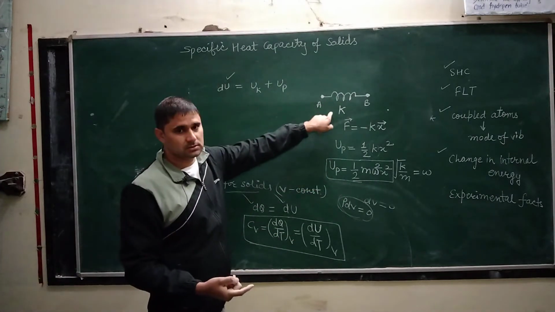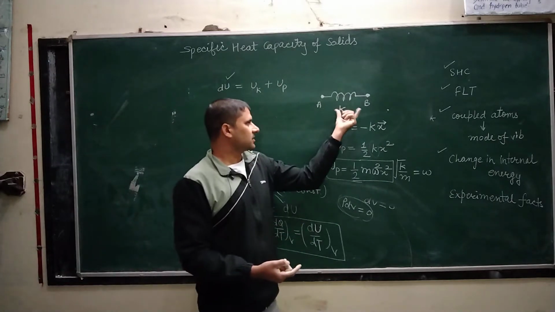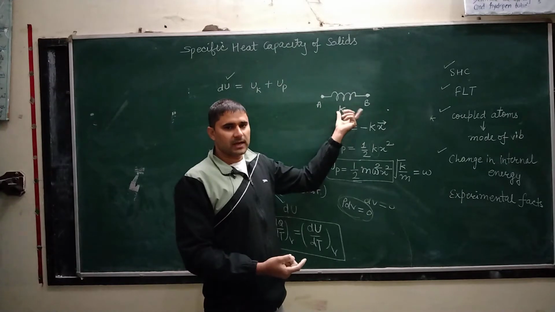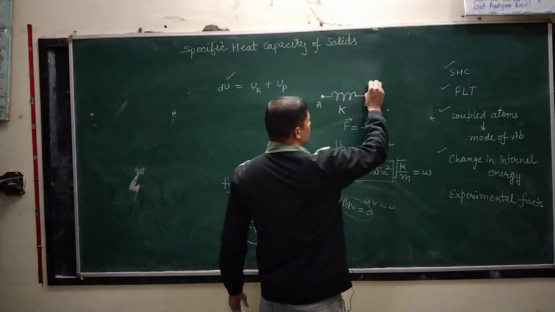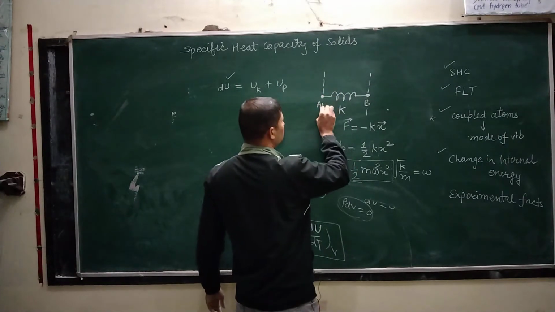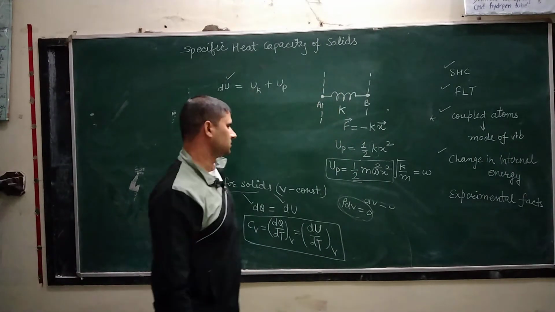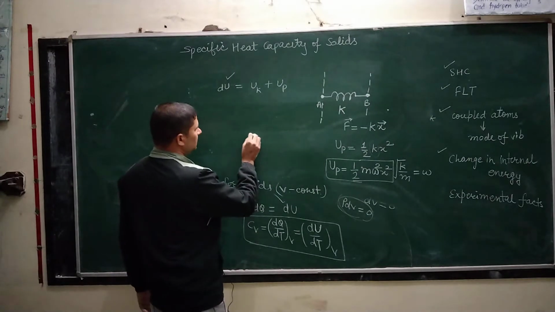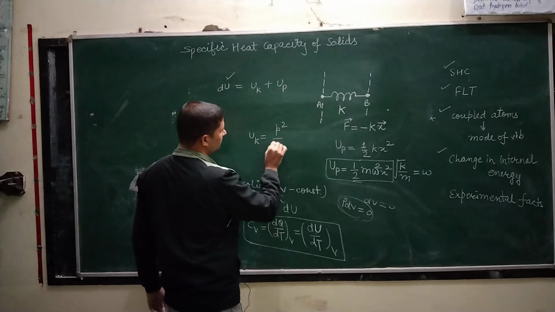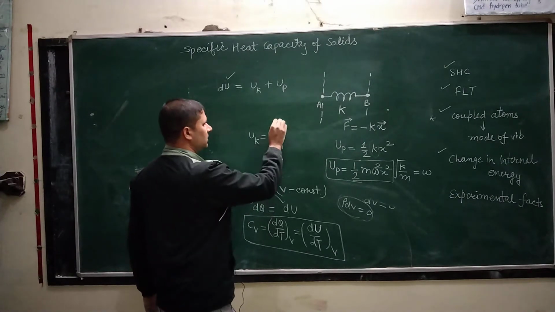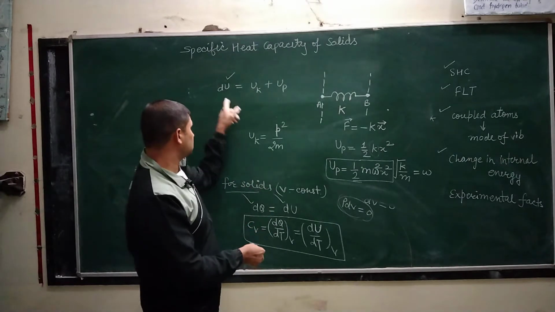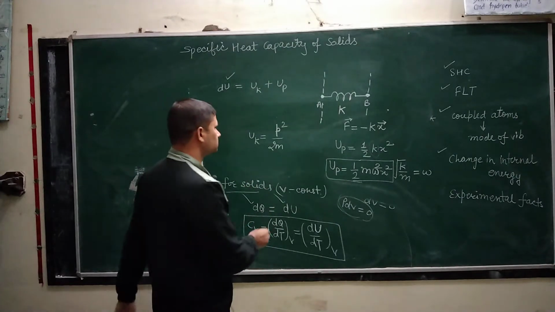If these particles are moving about their equilibrium position, and the equilibrium position corresponds to the lattice points inside the lattice structure, then the kinetic energy UK will be equal to P square by 2m. Here P is the momentum gained by the particle due to this energy.